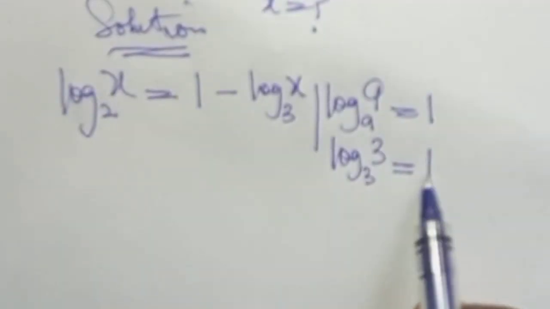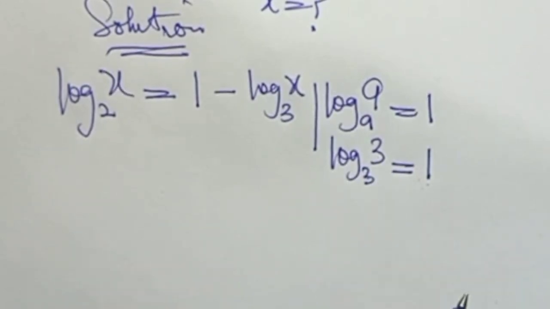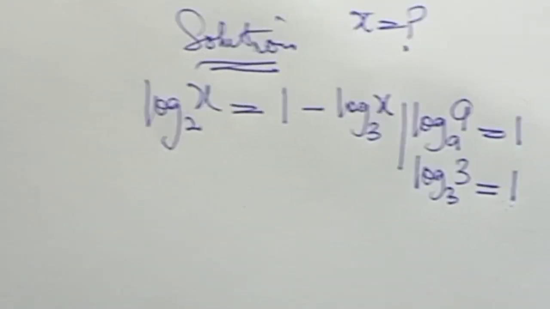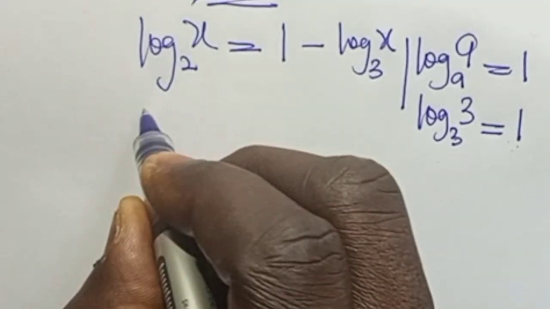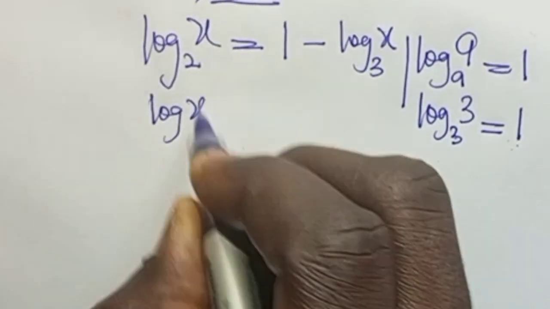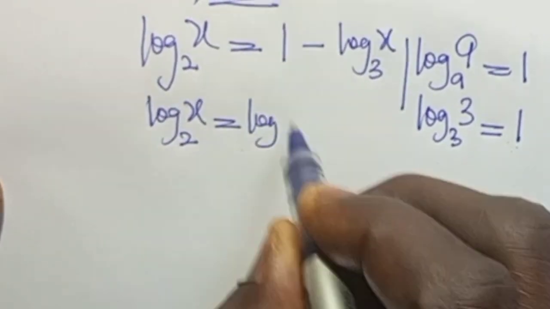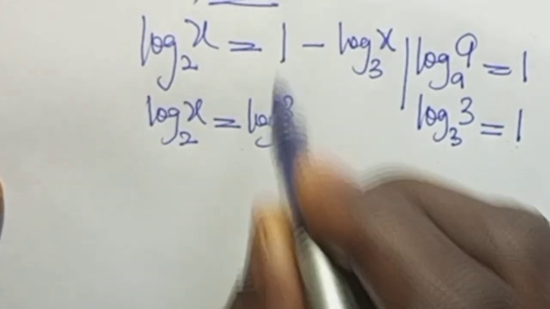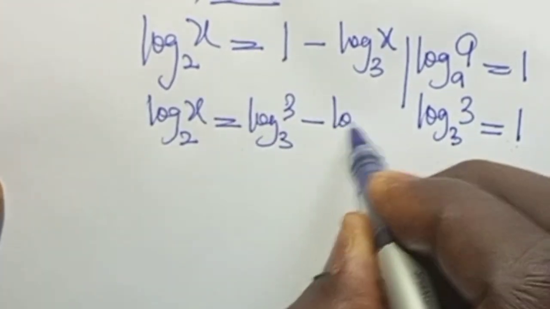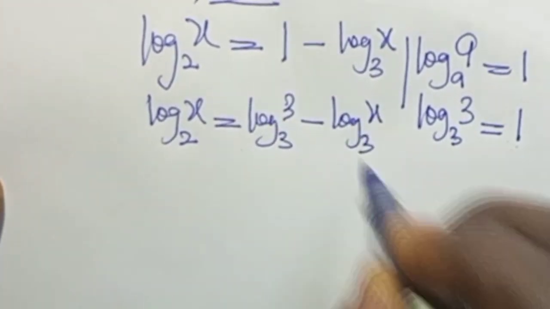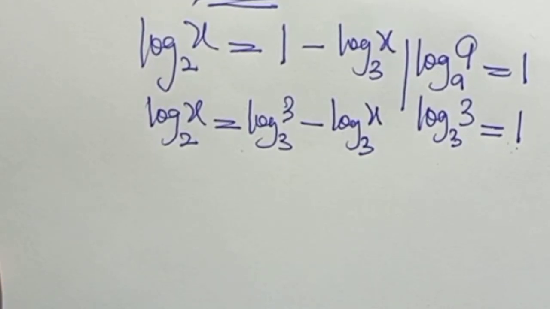So in the place of 1, we'll put log 3 to base 3. So the equation becomes log x to base 2 equal to log 3 to base 3 minus log x to base 3, and we are fine.